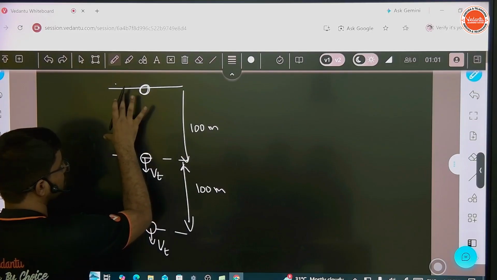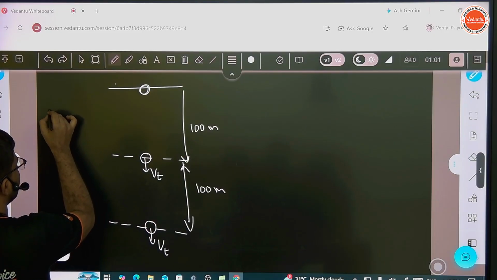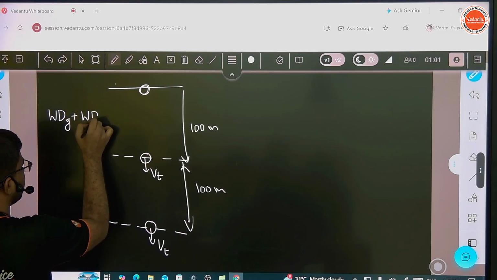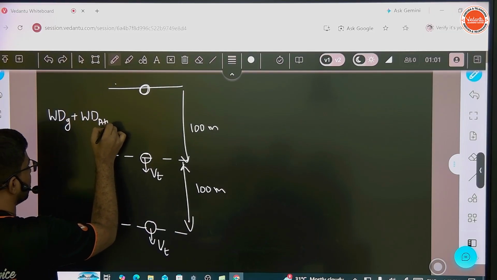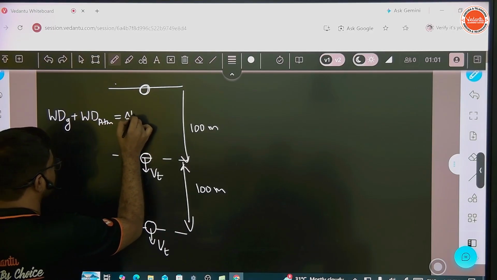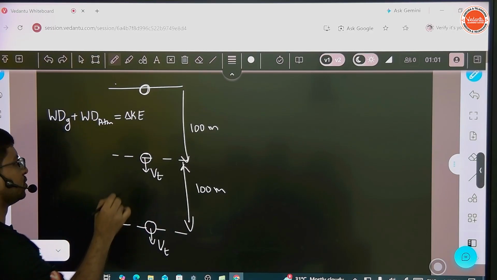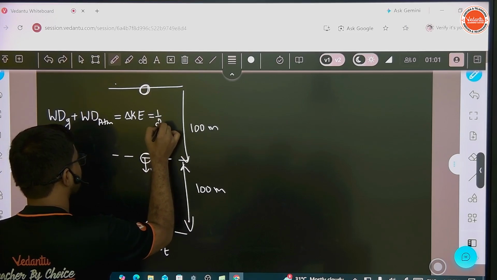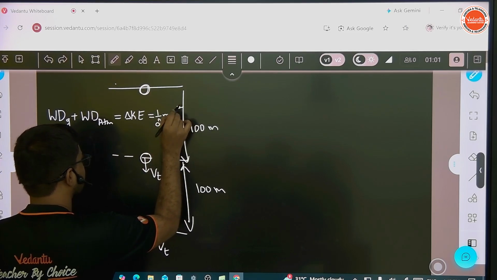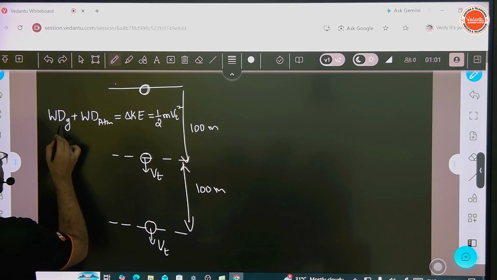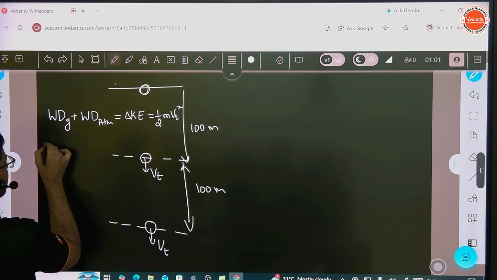Now, for this first 100 meters, what can I write over here? Work done by your gravitational force plus work done by your atmosphere is equal to the change in kinetic energy, right? Which is equal to half m Vt square, right?